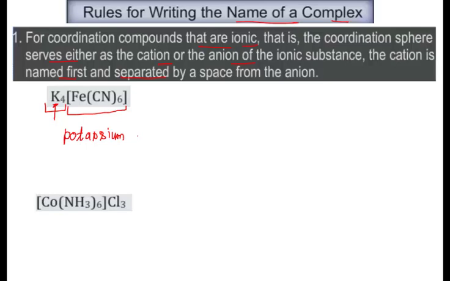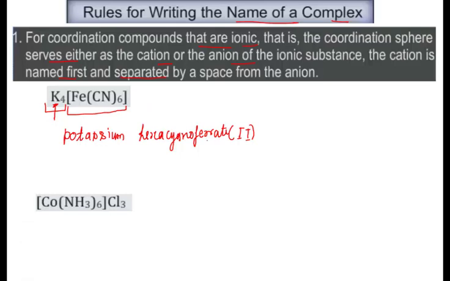So potassium, then leaving some space, it will be hexacyanoferrate, and then we will write the oxidation state of the complex. That comes out to be 2, so it will be written in Roman numeral II. Okay. So the name of the compound is potassium hexacyanoferrate.